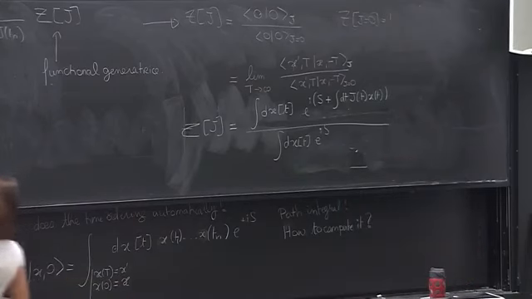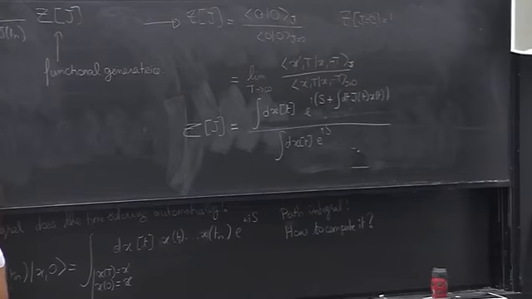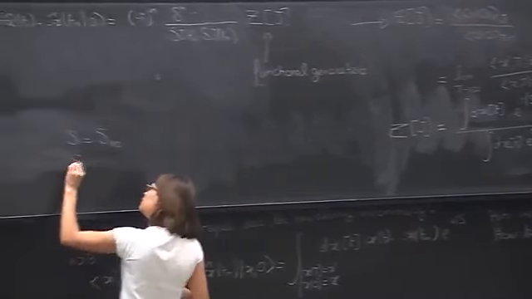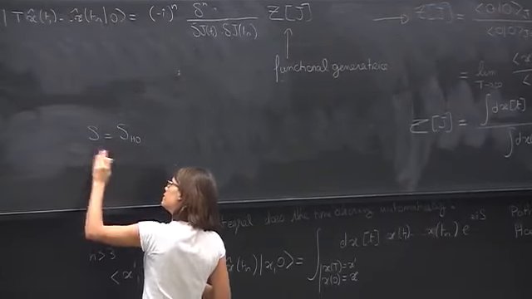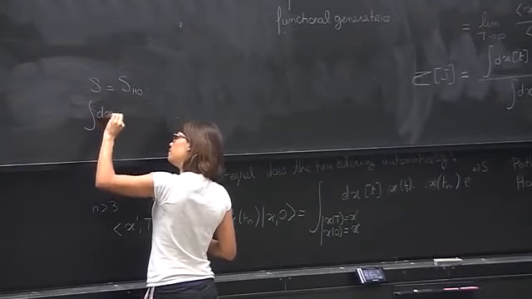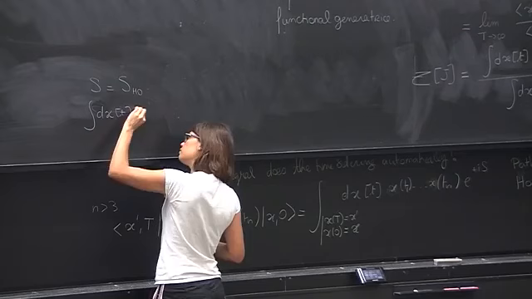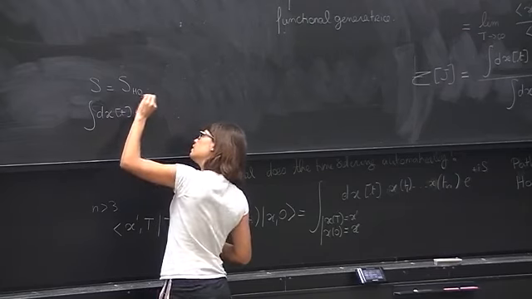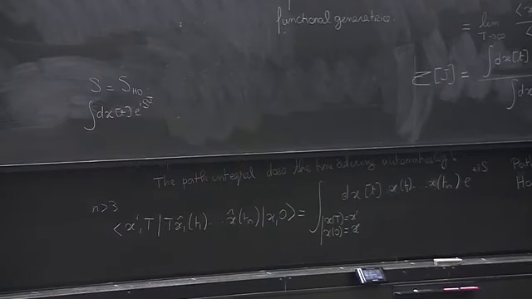If S is the action of the harmonic oscillator, what I call S, then the path integral for S is more or less exactly, so of course I guess I erased everything.